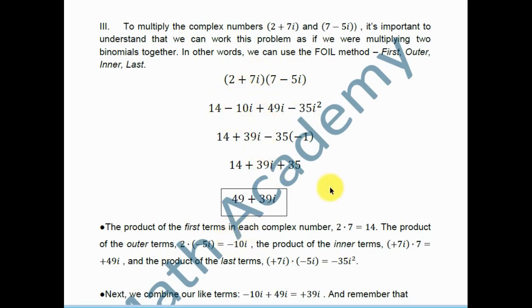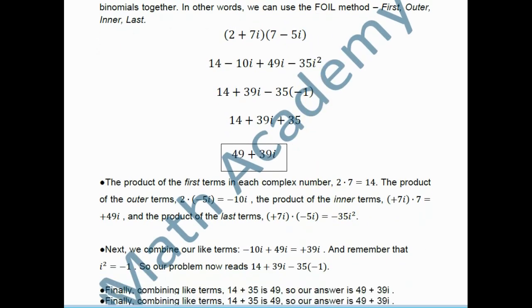Then the product of the inner terms, 7i times 7 is 49i, and the product of the last terms, 7i times minus 5i is minus 35i squared.